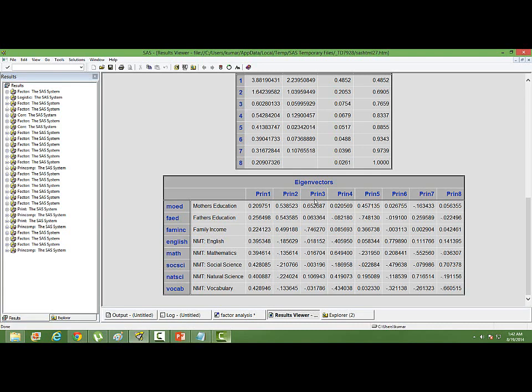On the other hand, we do not have the luxury of the algorithm's recommendation when we use proc princomp. It gives all the principal components. How many principal components can we have? As many as the number of variables. We have 8 variables, so we can have 8 principal components. If you see, the first 2 principal components are actually good enough. The rest do not have a good factor loading.